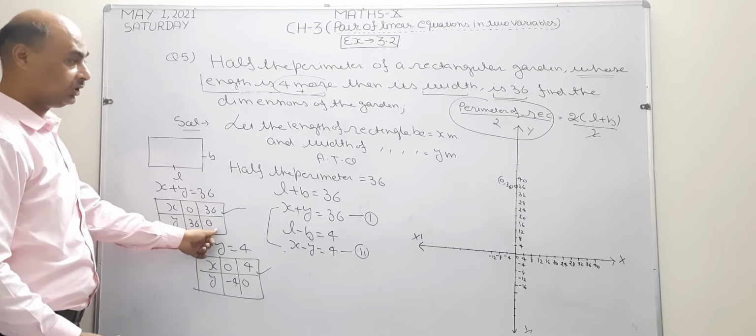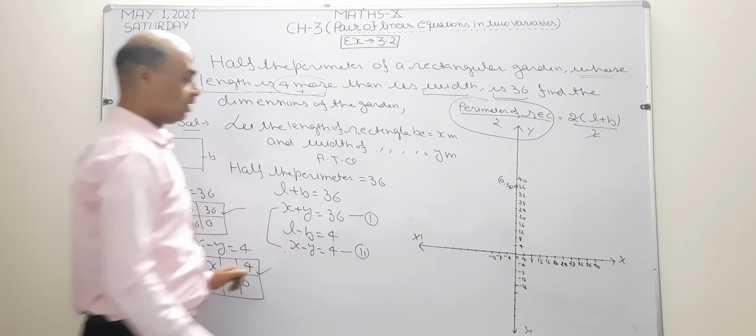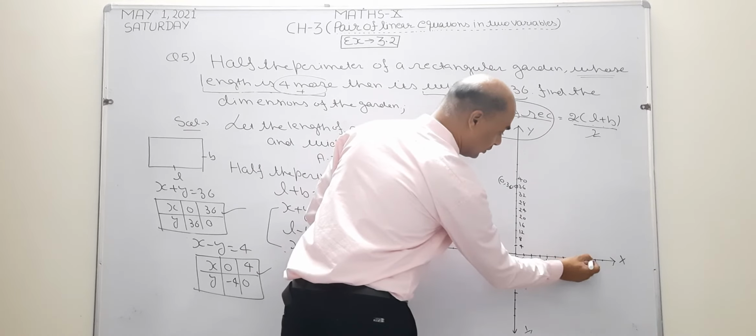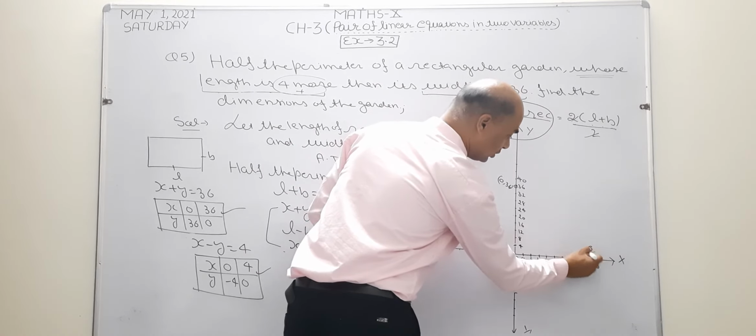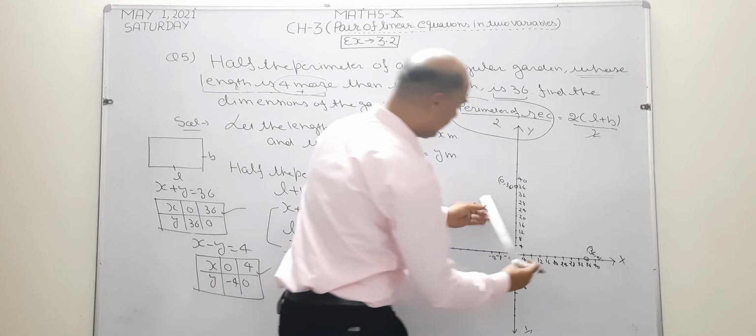Now I want to take its second point. Here y is 0 and x is 36. At this point y is 0, the value of x is 36. So the point becomes 36 and 0. Now I want to join these two using a scale.